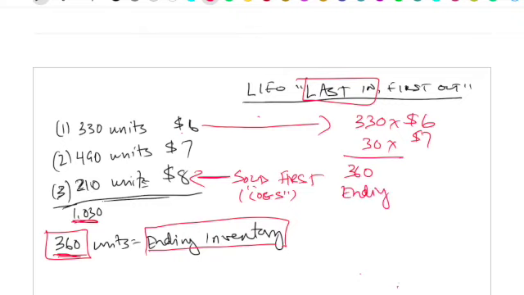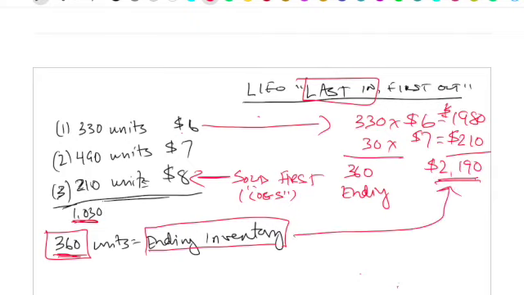So 330 times 6 is $1,980. And 30 times 7 is, of course, $210. We add those two together, and we get $2,190. This is the cost of our ending inventory, assuming LIFO.